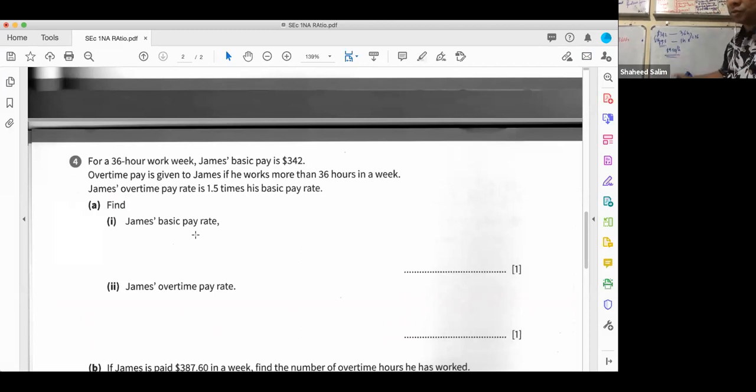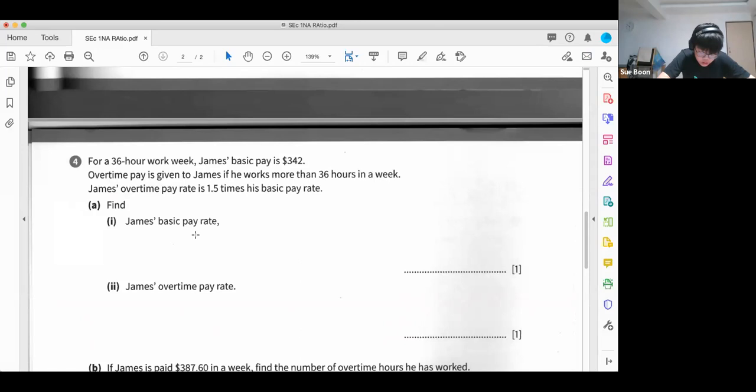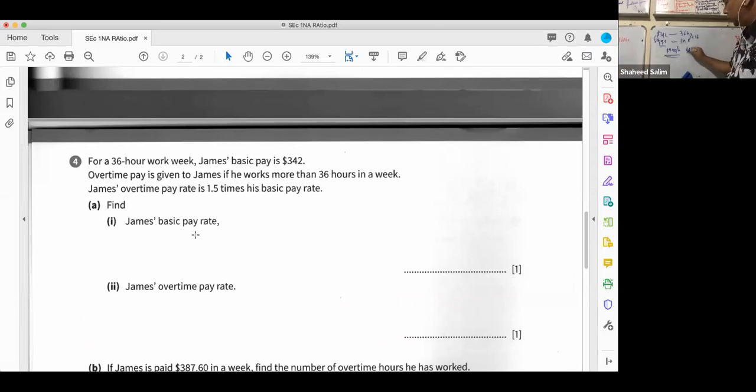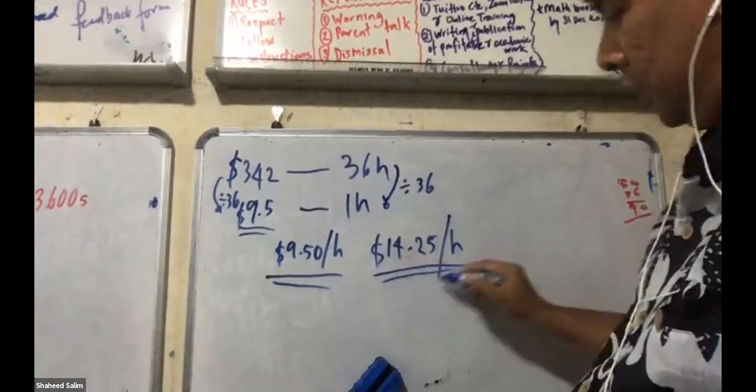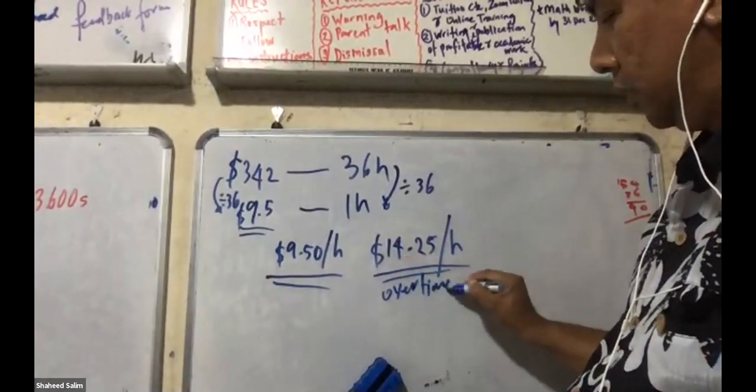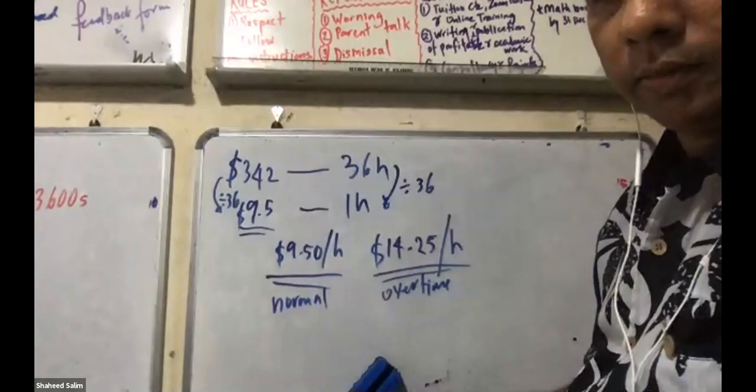Overtime is 1.5 times of this, so just times by 1.5 to find the overtime rate. 950 times 1.5, how much do you get? $14.25. So down here is $14.25 per hour. This is the overtime rate. This is overtime. This is normal. Do you get it?